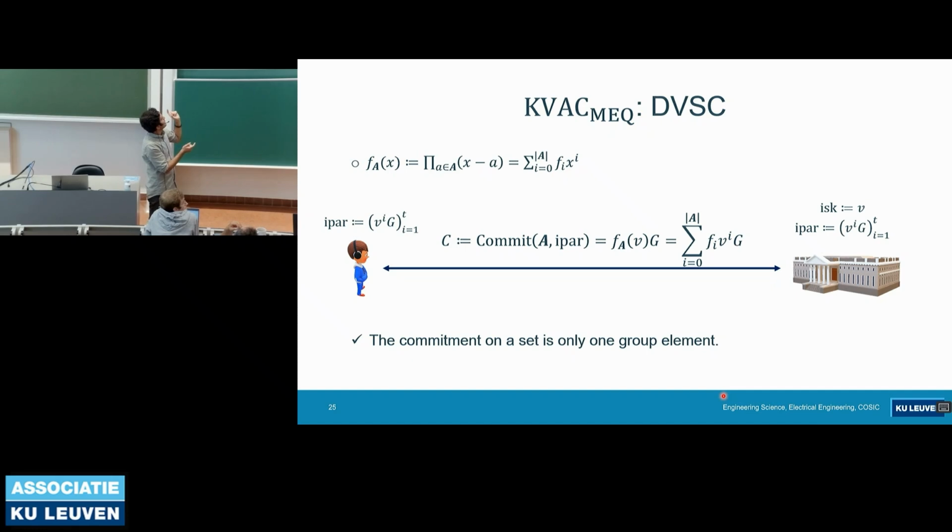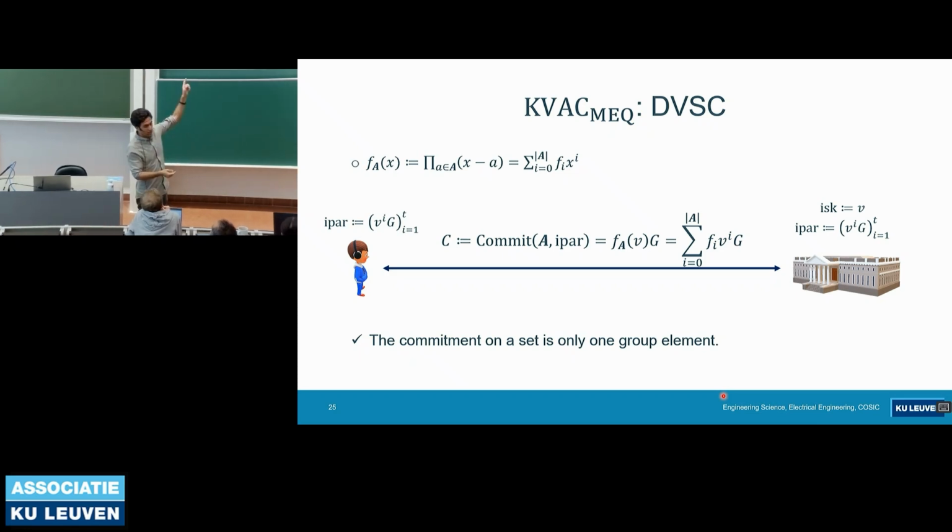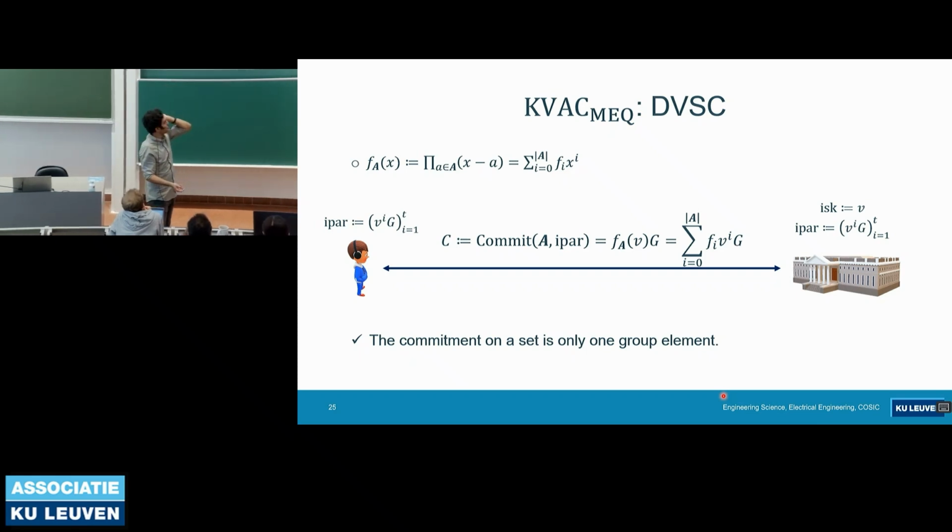Why? Because the issuer has the secret key and the set A, and the user can also do that because the user knows his attributes, so he can easily compute the coefficients fi. Also, this v^i G is provided by the issuer in the i-pair, so the user can use it to compute this commitment.